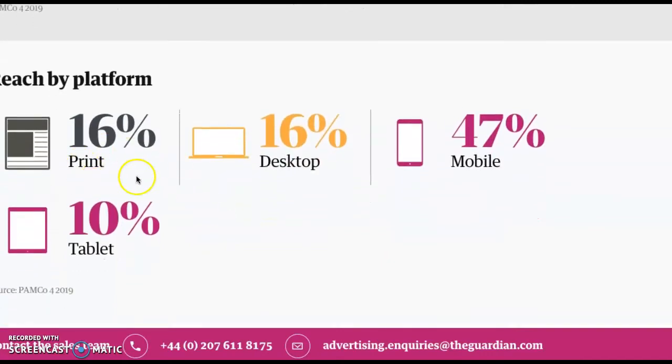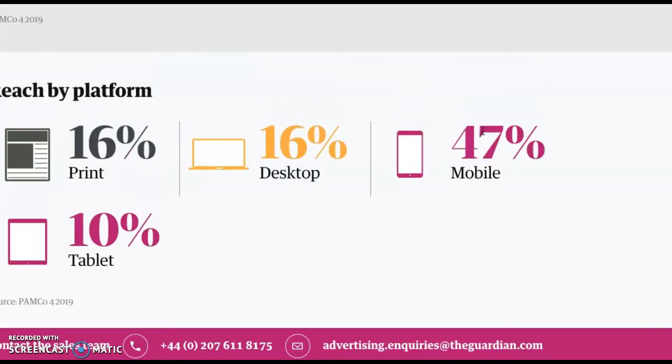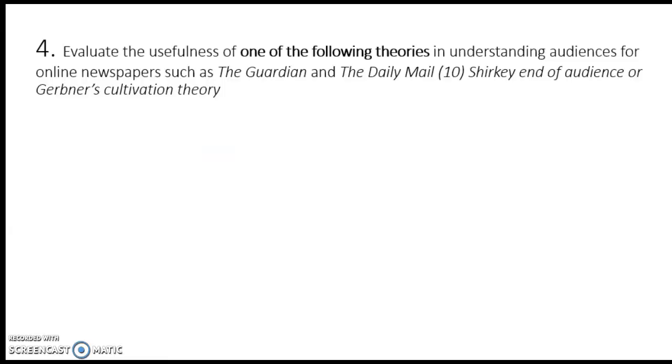And have a look at the spread of the platforms which people use The Guardian on. So again, the majority is 47%, but that's much less than the 69% for the Daily Mail online. So take a breather, pause the video now, and add these stats to the information that you already have on The Guardian online.